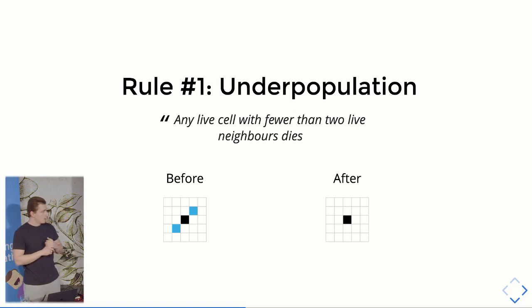So in the next generation we'll have only a single cell, because those two have only a single neighbor, the one in the middle.